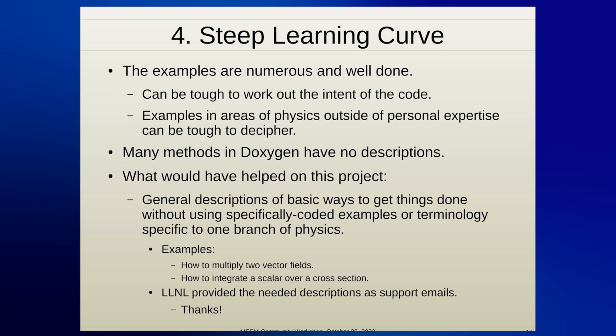For example, in general terms, how do you multiply two vector fields? Or how do you integrate a scalar over a cross section? I ended up getting that, but I got it the hard way, basically with emails from Lawrence Livermore. So thanks a lot for that help. I wouldn't have gotten it done without that.